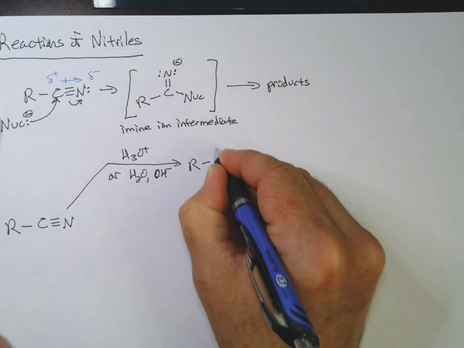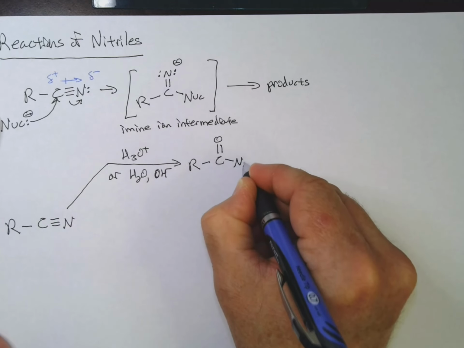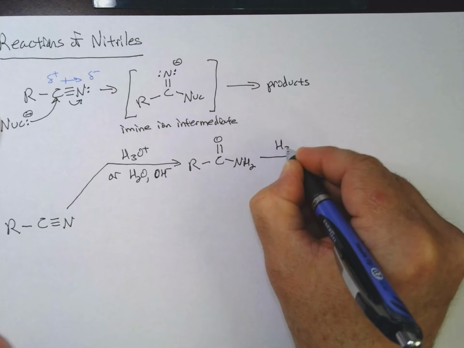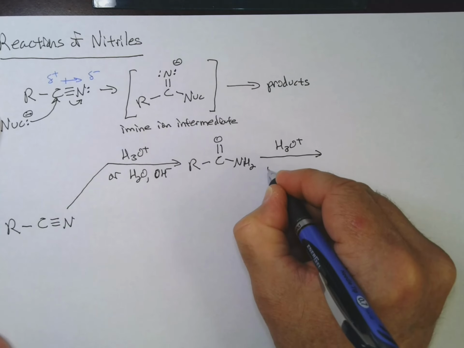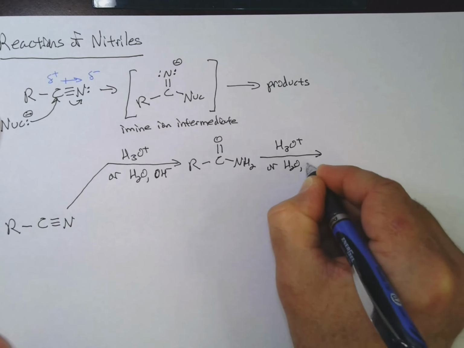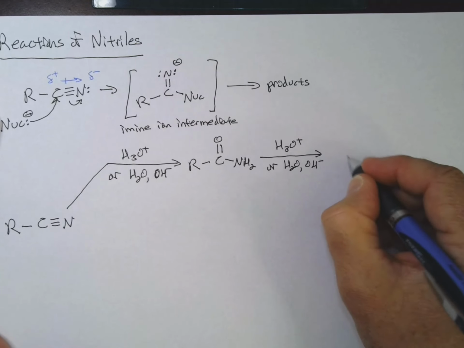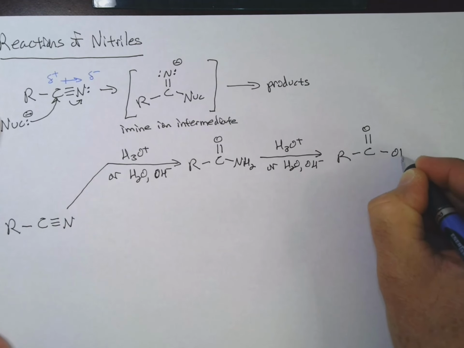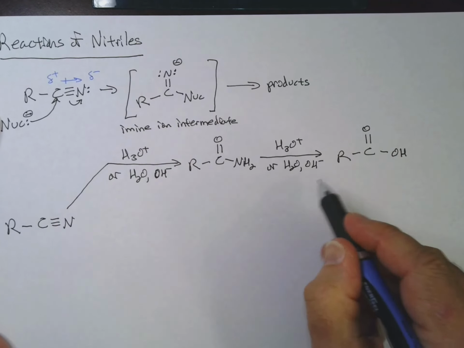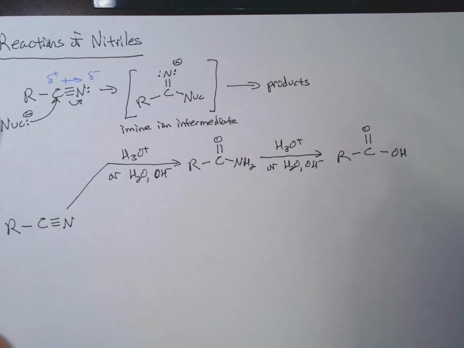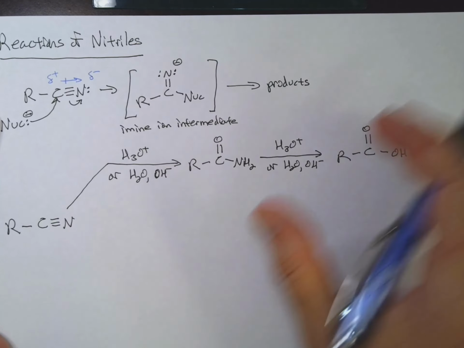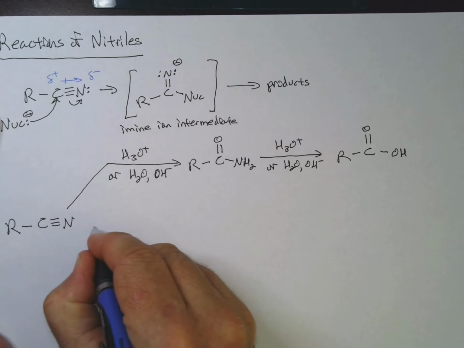And we could get an amide, which then with further reaction will take us all the way to a carboxylic acid. Generally, this requires heat and quite a bit of time, but it can happen. We'll actually go over the mechanism for that.